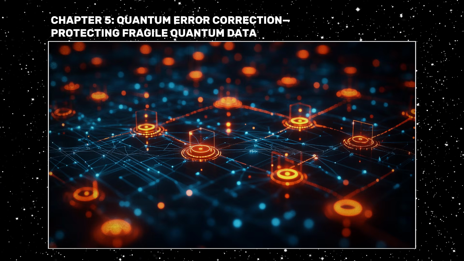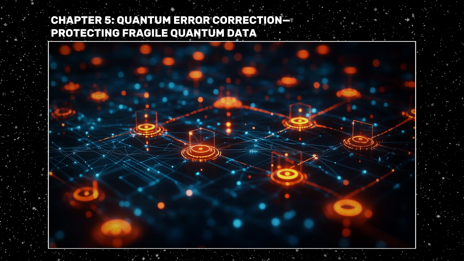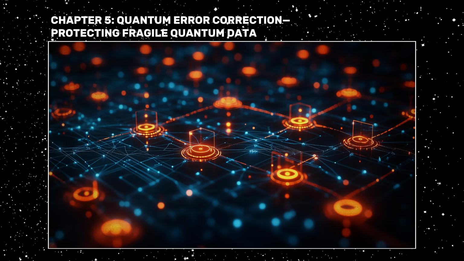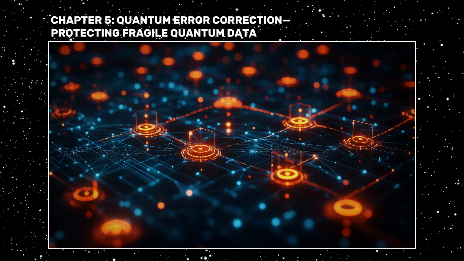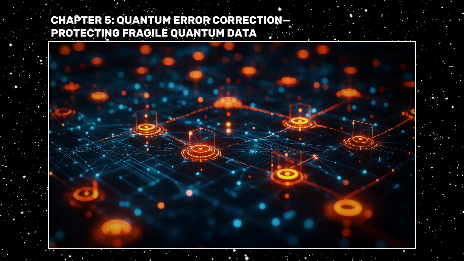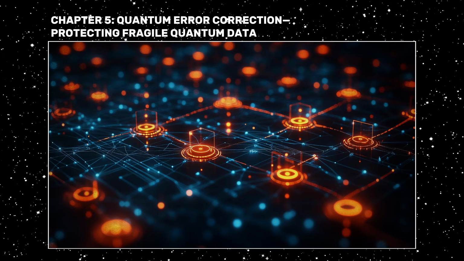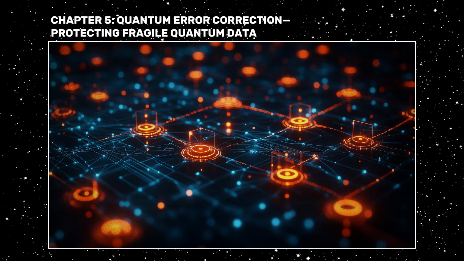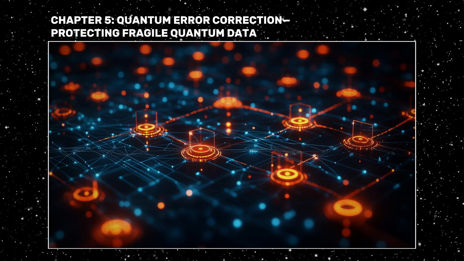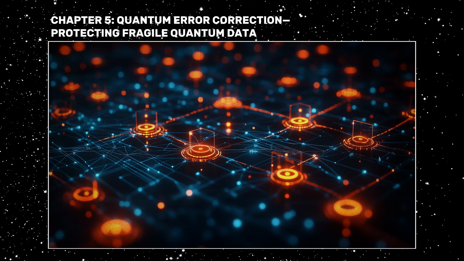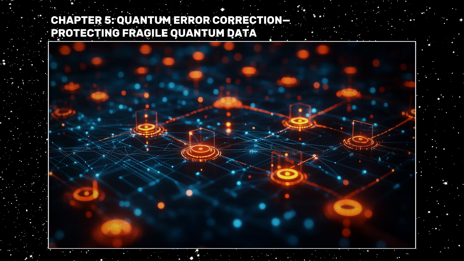At the heart of quantum error correction lies the concept of the logical qubit. Instead of representing one qubit with a single physical system, error correction encodes the logical qubit's state across an ensemble of physical qubits. By doing so, any single qubit error can be detected and corrected by examining the relationships among the physical qubits without directly observing the logical state.